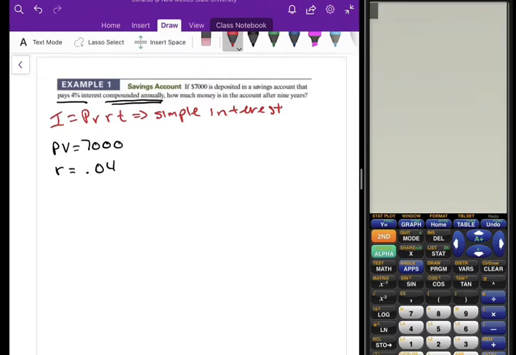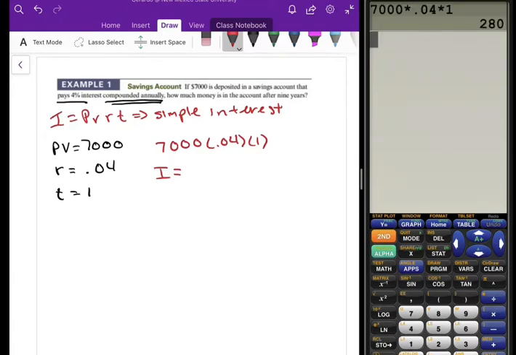So, how are we going to do this? Well, first of all, let's calculate for this. Time will be 1. So I have 7,000 times 0.04 times 1. Therefore, my interest for that is 7,000 times 0.04 times 1, which is 280. Okay?